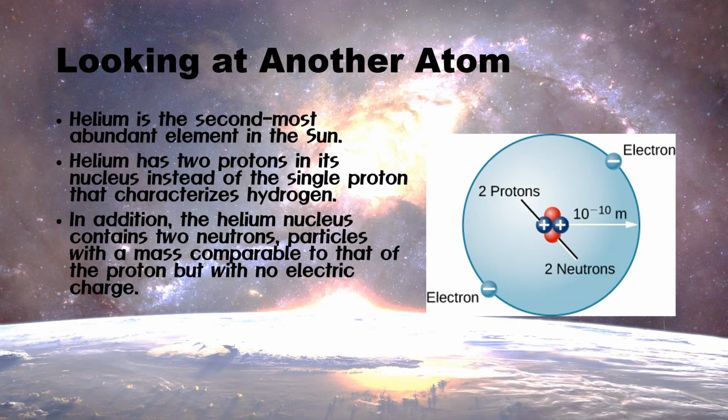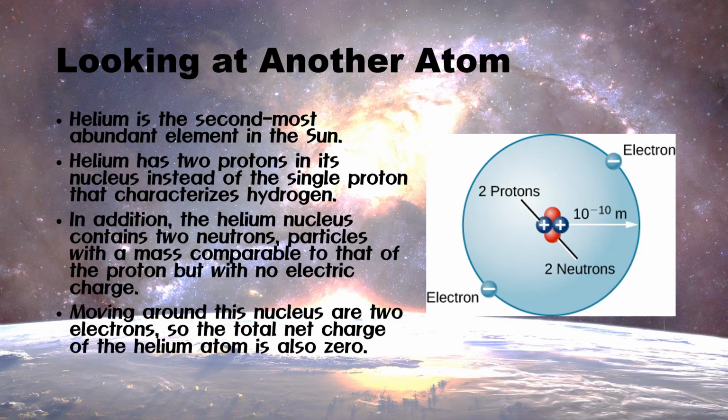These are particles that have mass comparable to that of the proton, but pretty much no electrical charge, which is why we call them neutrons, or neutral. Moving around this nucleus in helium are 2 electrons. Because we have 2 protons and 2 electrons, the net charge of the helium atom is also going to be 0.